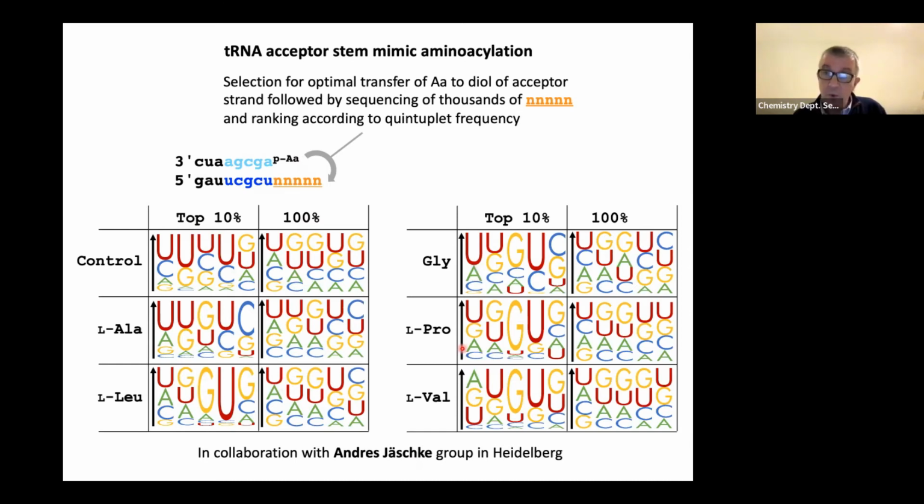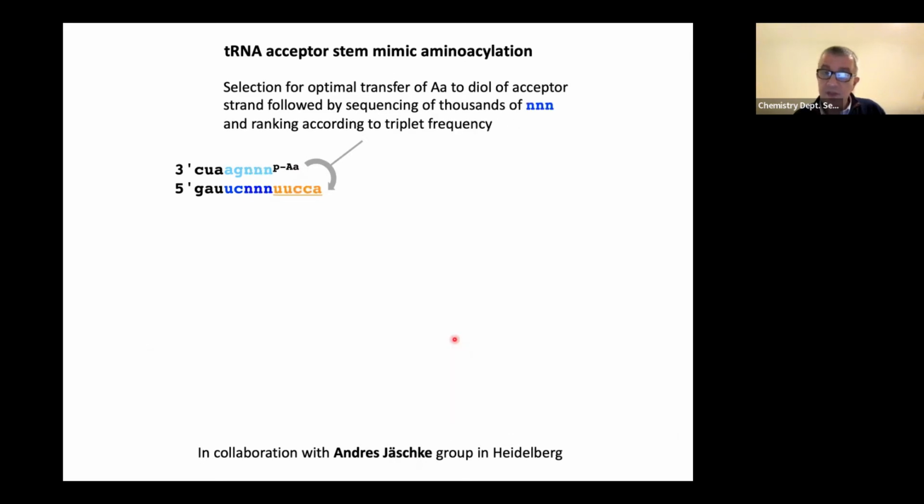And what was interesting was that when we then varied the terminal trinucleotide of the stem, this is unpublished, but will soon be published, we determined in preliminary experiments that the 4th and 5th residues had little effect on the chemistry, but the first 3 did.